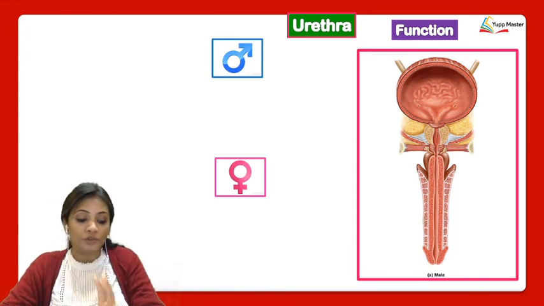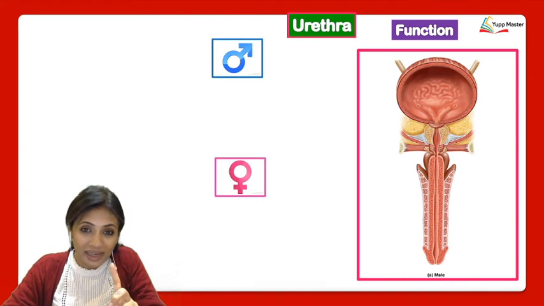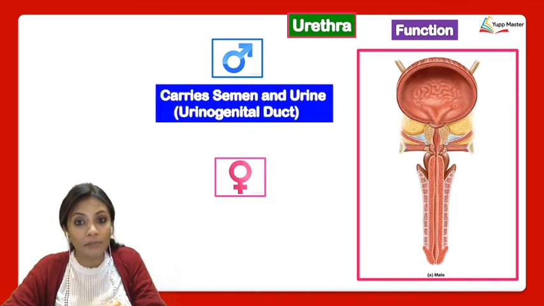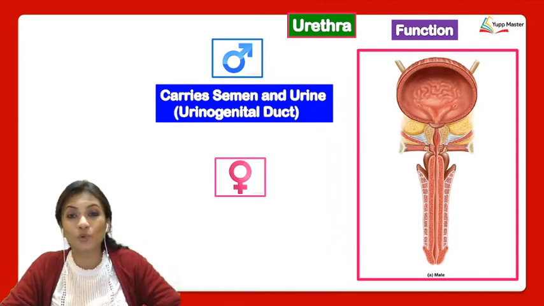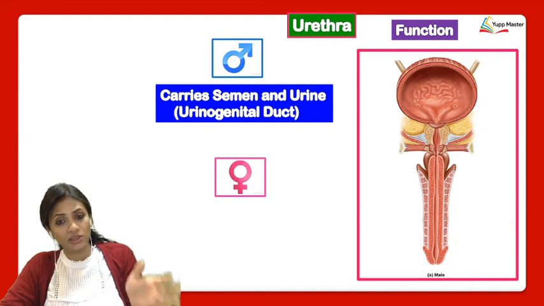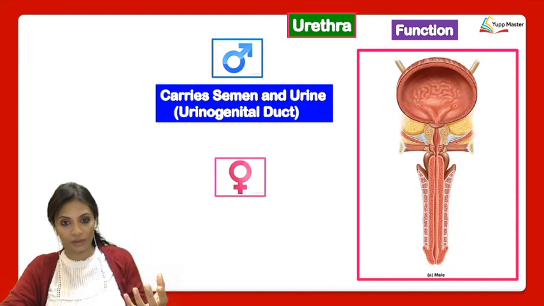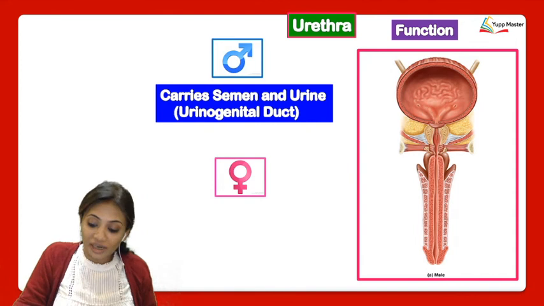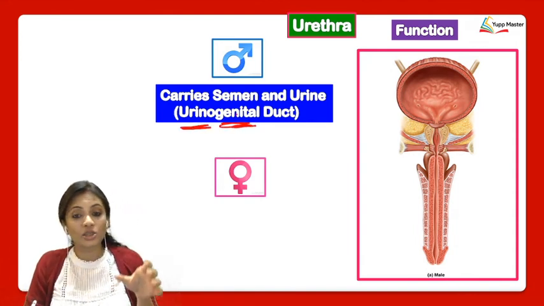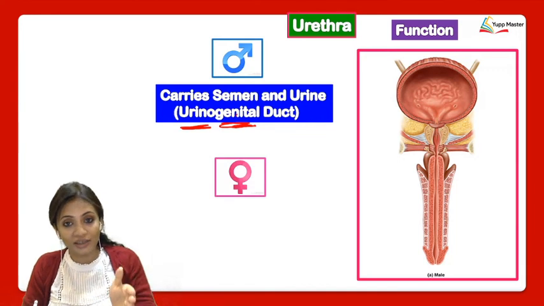The urethra carries not only urine but also semen. What is semen? The genital fluid, the fluid which carries sperms. Because it carries genital fluid as well as urine, it's called a urinogenital duct.